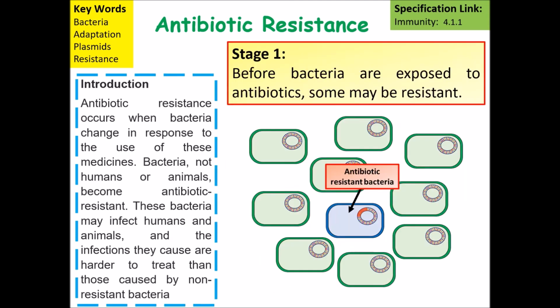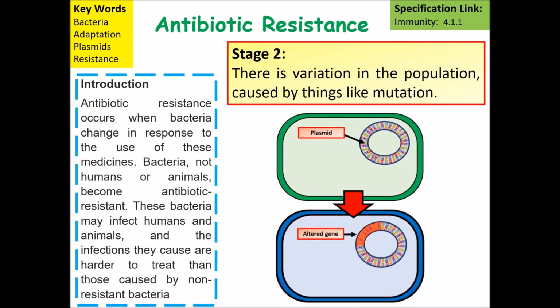The way that this occurs: before bacteria are exposed to antibiotics, some of them may naturally be resistant to it. So there is variation within the population, like all living things, caused by mutation.